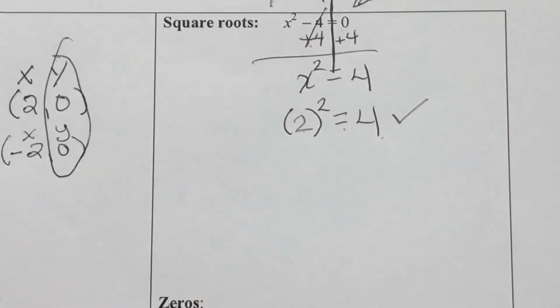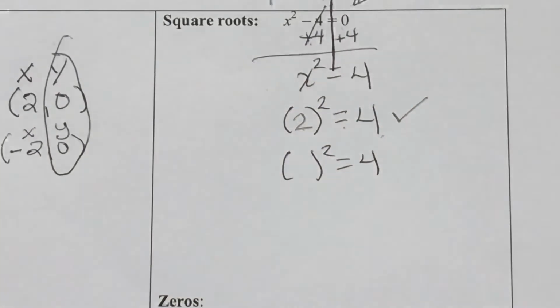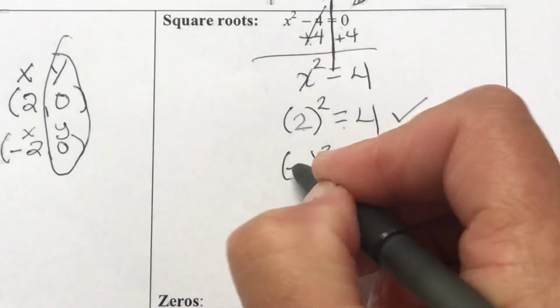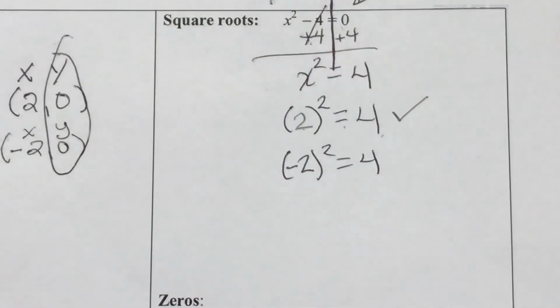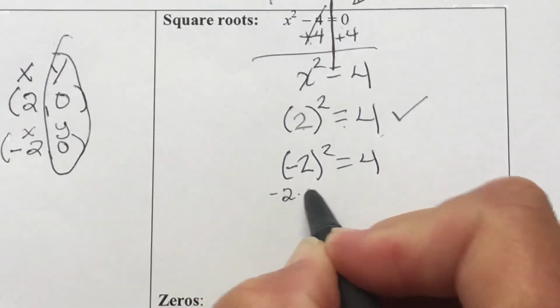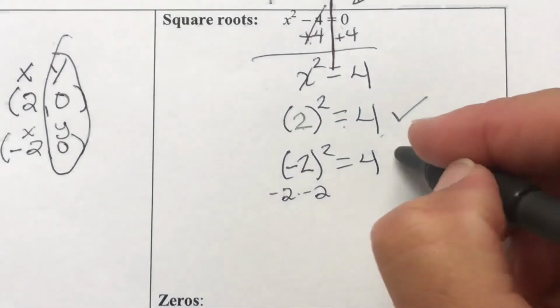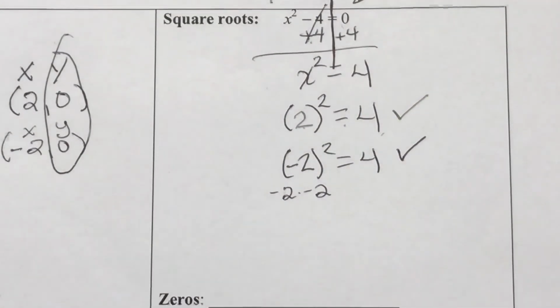Yes. But there's another number that also creates a true statement. What is it? Let's try negative 2. Negative 2 times negative 2 is also positive 4. Check. We actually have 2 separate answers.